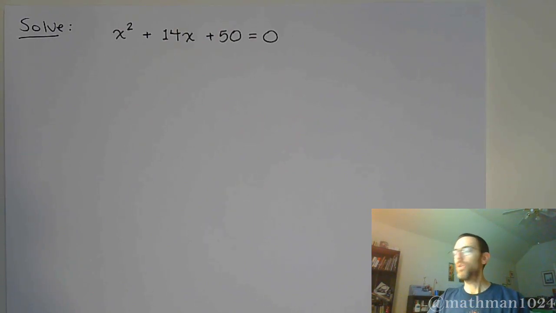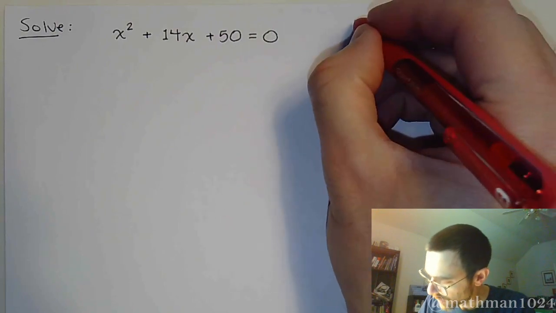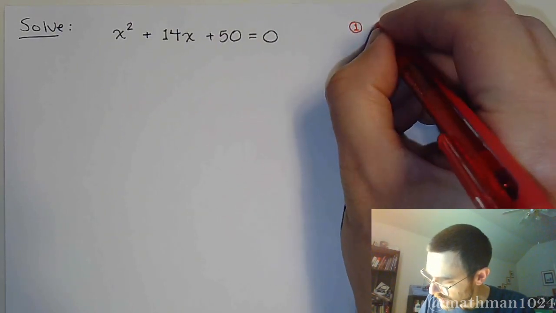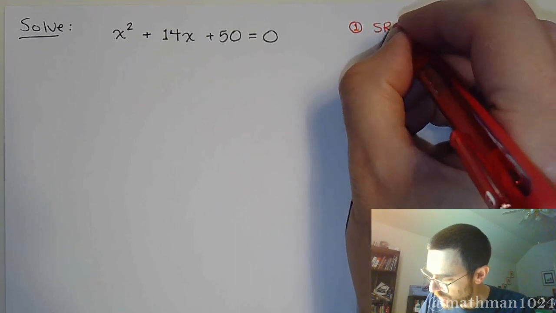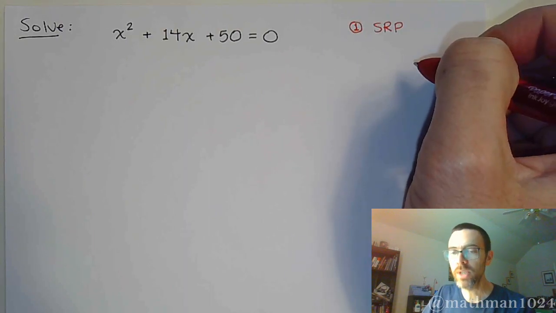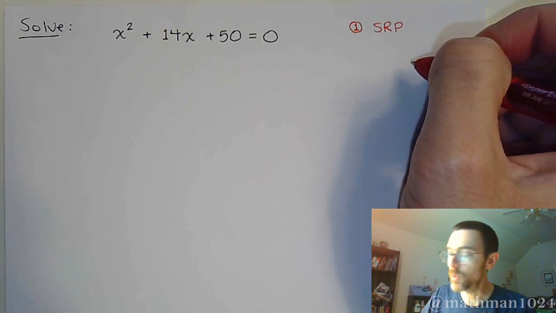You want to make sure that you go through this progression that we have for solving quadratic equations. The first thing you want to look for is, can we use the square root property? Meaning, do we have x only in one spot, and is it a square?